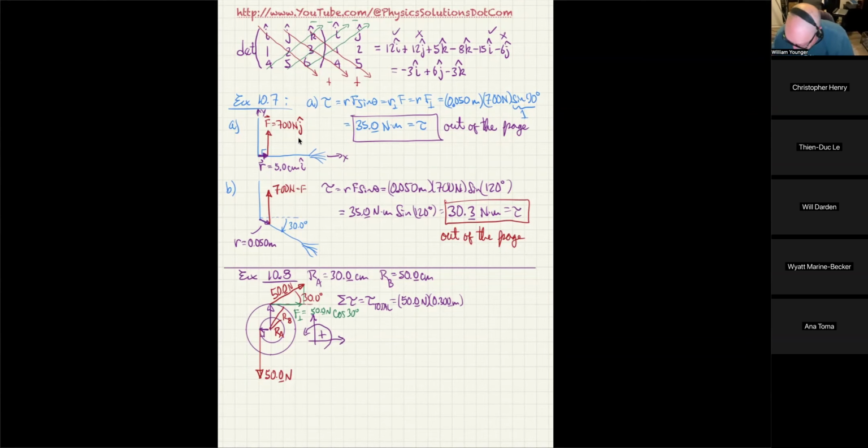In this case I'm going to say minus, because this is a clockwise rotation, times 0.500 meters. Never mind the fact that I'm putting it in a different order. Now 50 newtons times the cosine of 30 gives me 43.3 newtons.